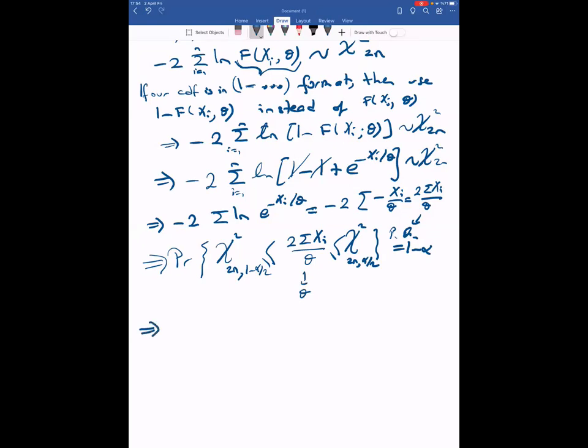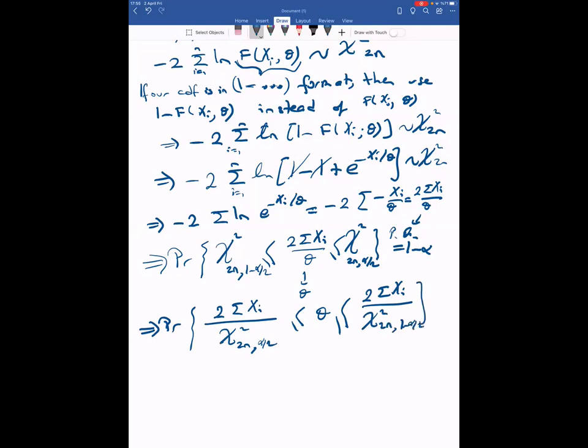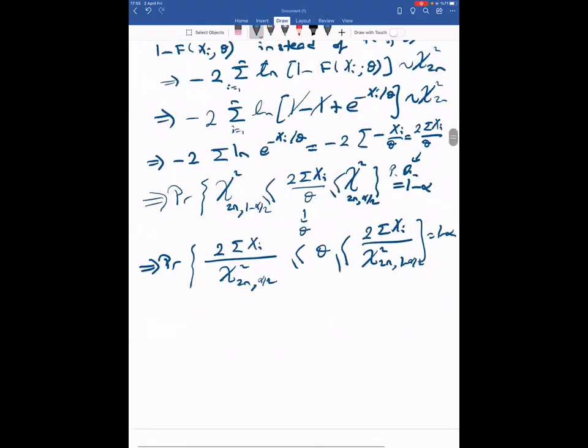Then we will obtain the same interval that we obtained by the scale parameter approach. The upper bound goes here for theta, because it's inversely related: chi-square 2n at 1 minus alpha over 2, and at alpha over 2, with probability 1 minus alpha. Okay, this is a random interval.